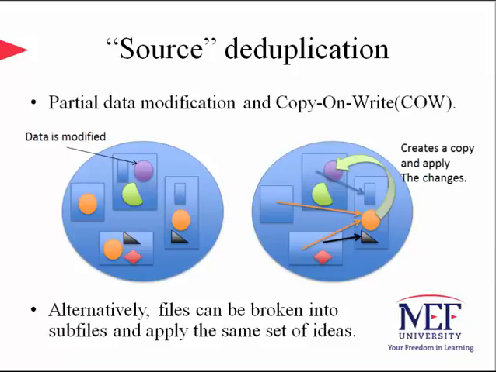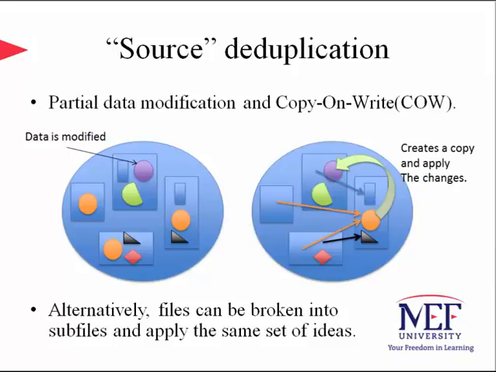The original orange circle stays intact and continues to serve as the base copy for all other symlinks generated by the deduplication engine in the past. This way, we keep the data reduction efficiency at an acceptable level, even if you have a modified version. This method is quite popular in storage systems and is known as copy on write.